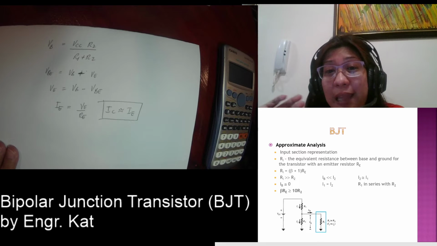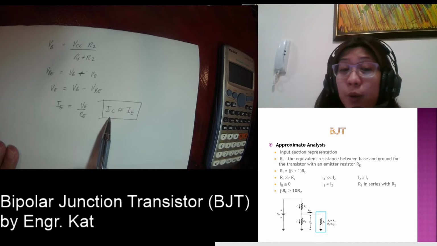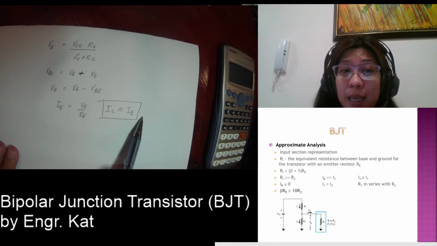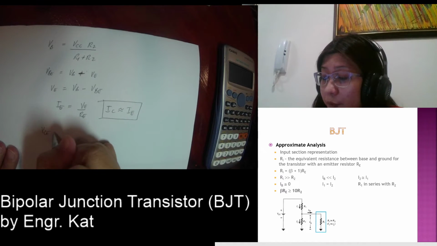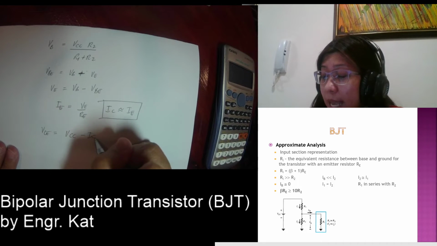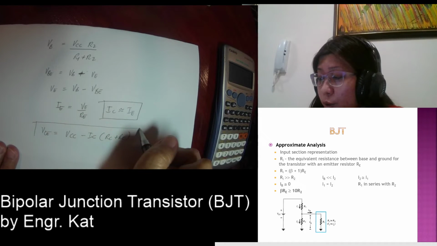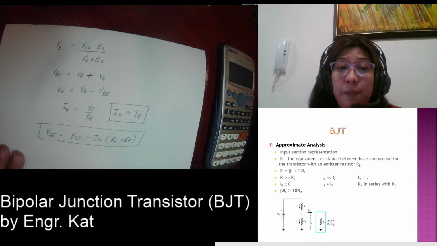So we totally get rid of your beta. When we solve for IC, which is approximately IE, VCE will follow. VCE is equal to VCC minus IC times RC plus RE, just like the usual formula.